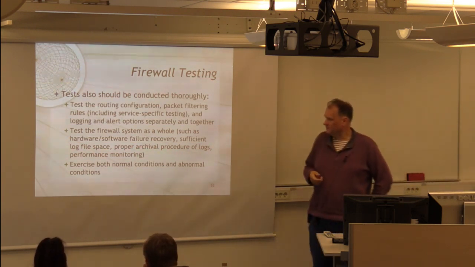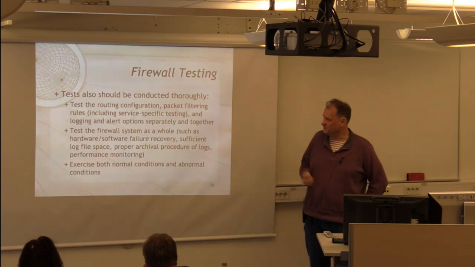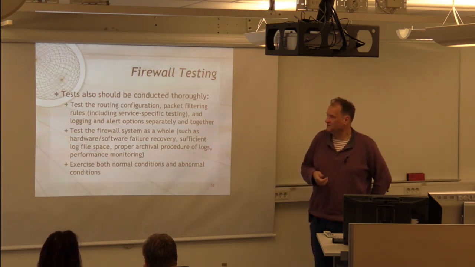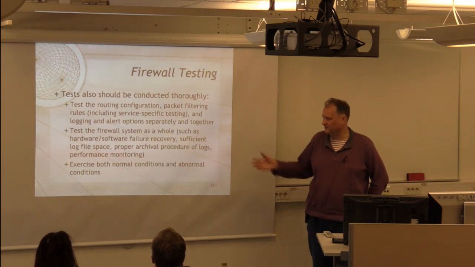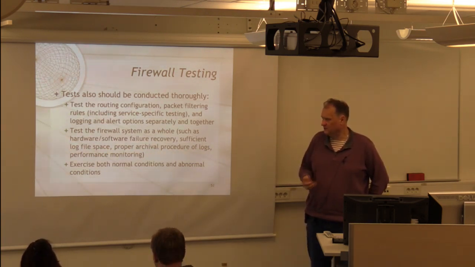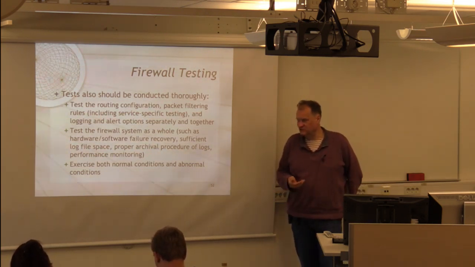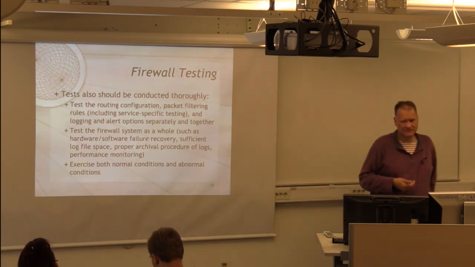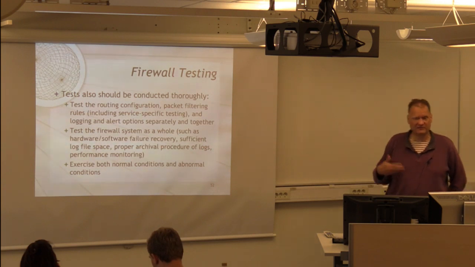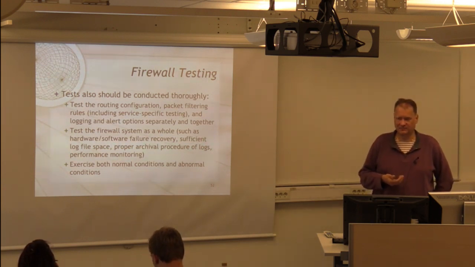So, I think we should test the configuration, the filtering rules itself, and the hardware and software of a system, both in normal conditions and abnormal conditions. That is also an important aspect. A normal condition is maybe a network load of 5–10%.